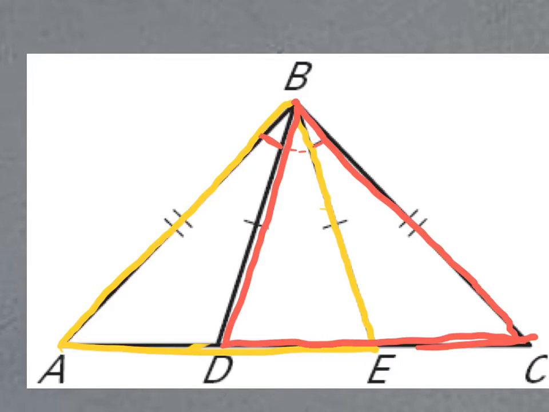Now, I don't need you to prove it to me, but there should be some logic as to why those angles are in fact the same. Yes, so he's saying that dotted line there is still part of the yellow angle and it's still part of the red angle. So it wouldn't be wrong to use it.